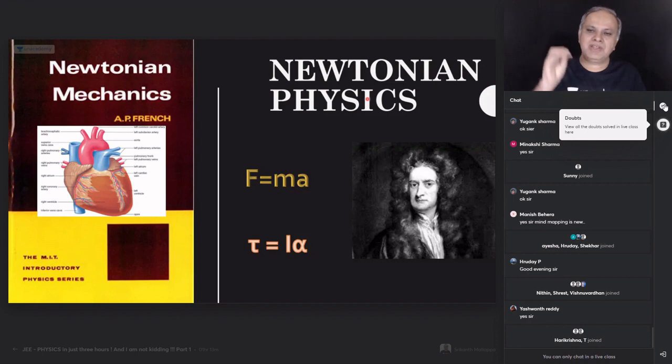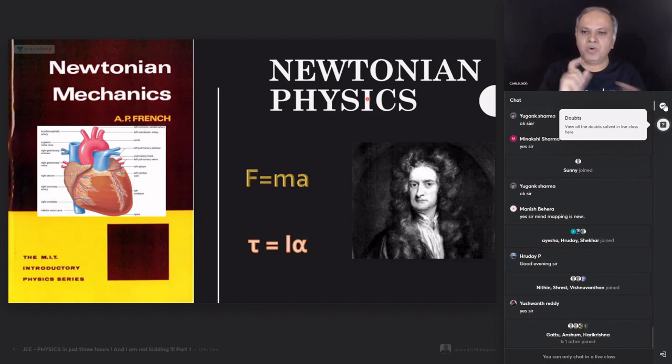Remember, all 11th and 12th physics, barring one or two lessons, geometrical optics, and one or two ideas like that, everything is Newtonian physics, based on F equals ma and torque equals I alpha. I want you people to look at the whole physics in terms of forces first. It makes your physics good. It keeps you good for the future when you go for higher studies.